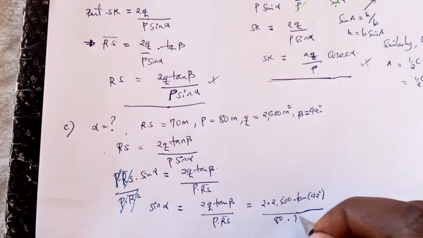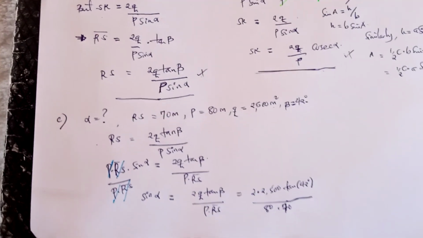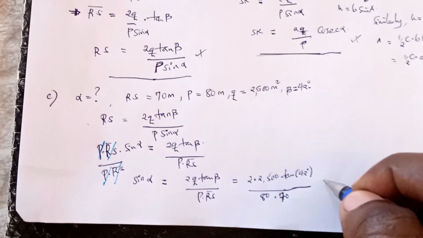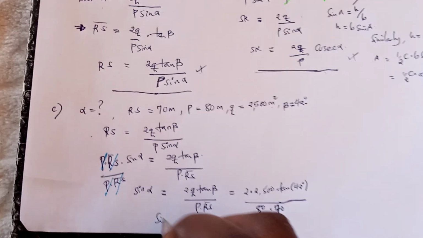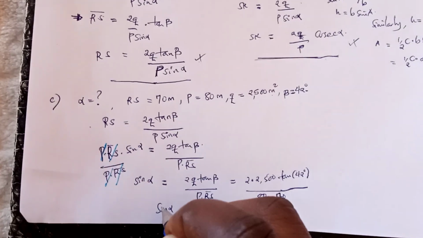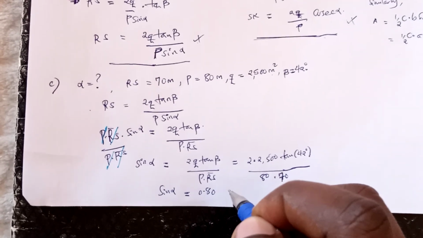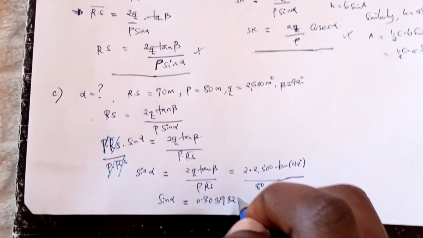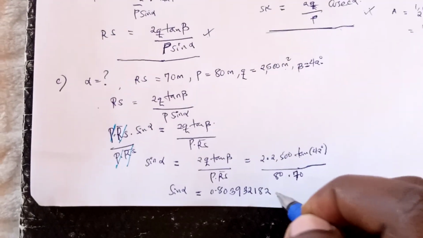You can write the 7 like that if you want. Okay. When we use a calculator, this guy will give us 0.8039321821.